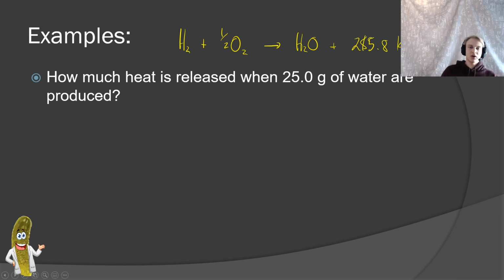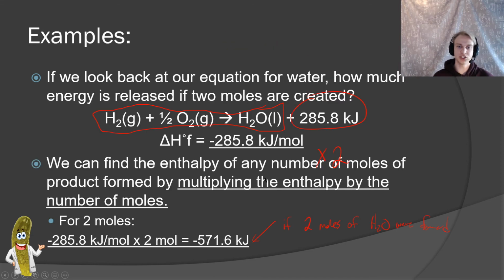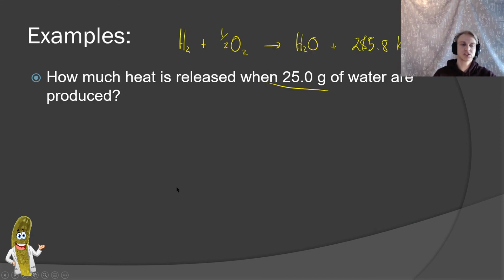If I know how many grams of water I have, I can figure out how many moles of water I have, and if I can get to moles of water, I can get to kilojoules. So first I'm going to start with the only thing I have a number and a unit for, 25.0 grams of H2O.